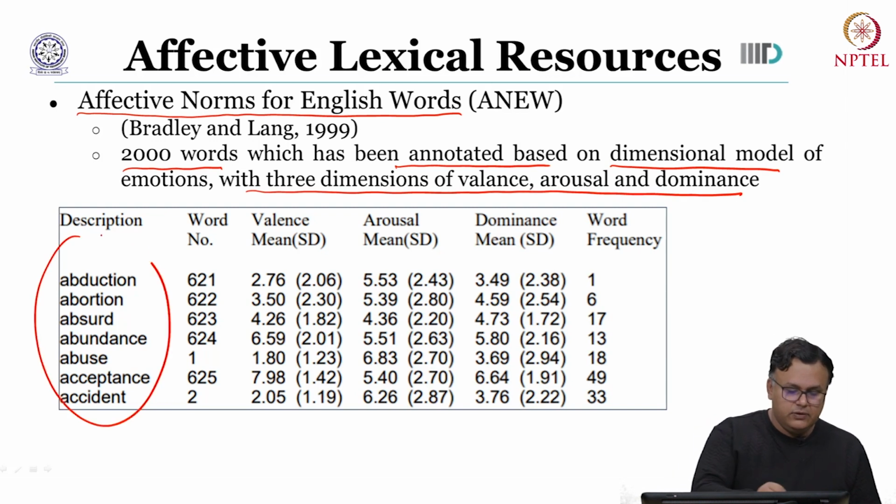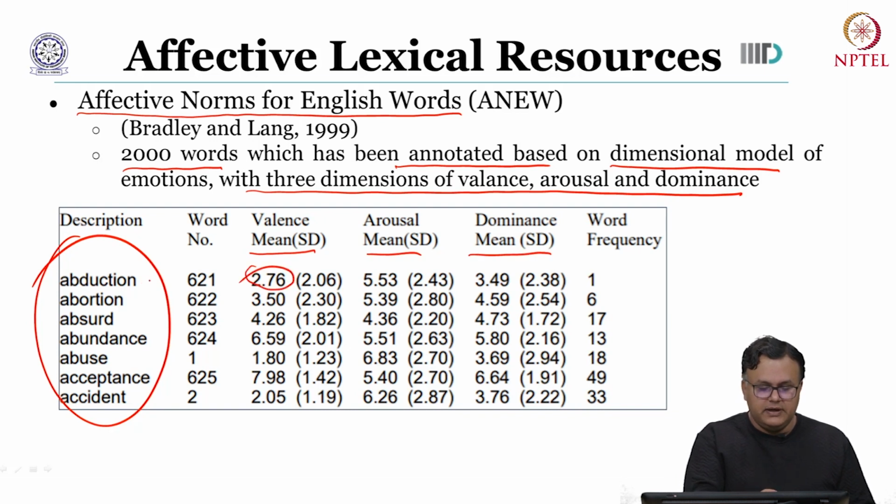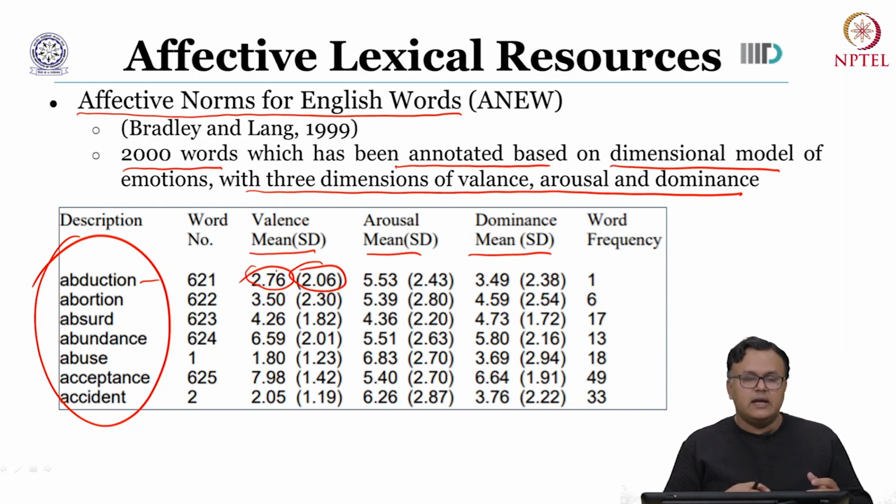So here, for example, you see the words and the mean valence, arousal and dominance presented for these particular words, and in the bracket you see the standard deviation. These are collected from a large number of labelers, and that is how you have the mean and standard deviation.